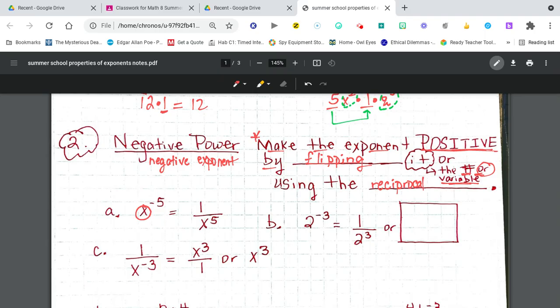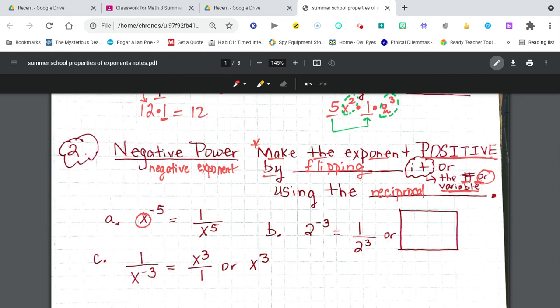You all saw keep, change, flip when we were dividing fractions yesterday. Basically, when you flip that fraction, you were using a reciprocal. So let's talk about reciprocals, or flipping, just real quick before I touch on the problems. If I wanted the reciprocal, or wanted to flip 2, I just know that 2 is over an understood 1.